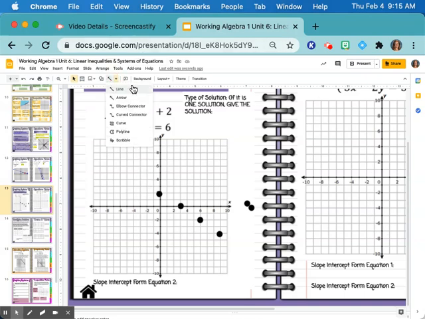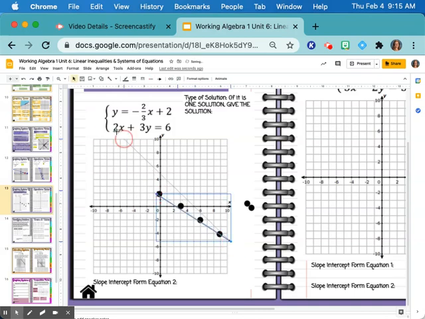Now draw a line through all of those points. Darken the line up and add an arrow on the end.